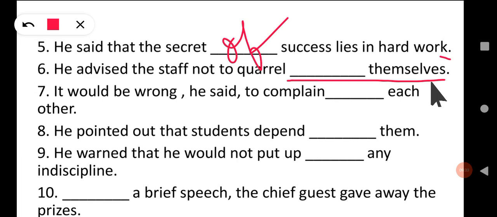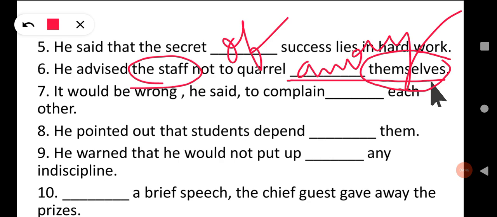But here themselves is given, so is it only two people? It can be more than two people, and also staff is used. So here we have to go with the preposition among. He advised the staff not to quarrel among themselves.